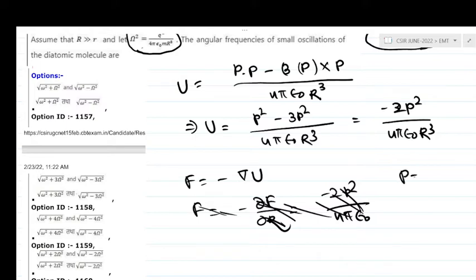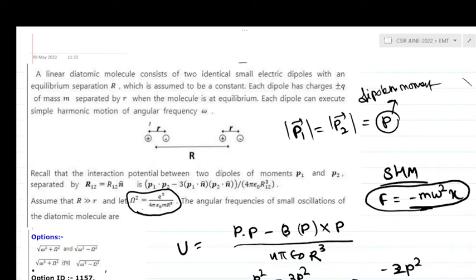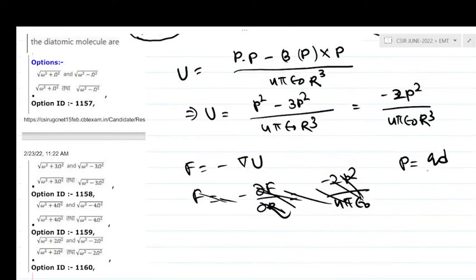See P is equal to q d, and the distance d is the distance between the two charges, so that will be q r. So potential energy is equal to minus 2 q square r square divided by 4 pi epsilon naught R cube.